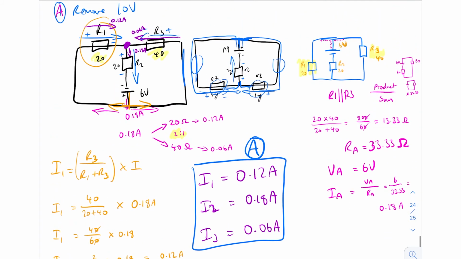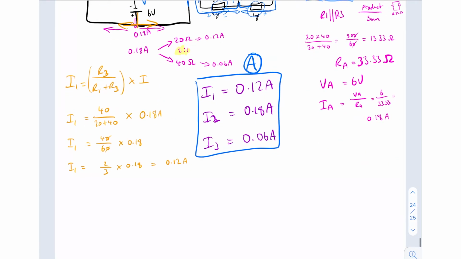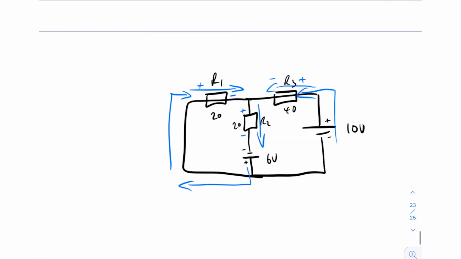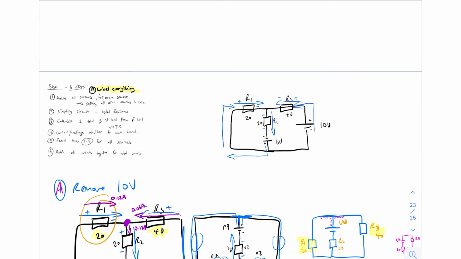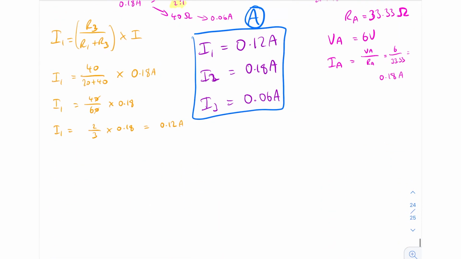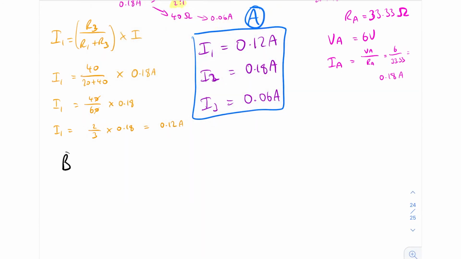So now we're going to do the exact same thing for circuit B, and then when we've got our I values for circuit B, we're going to add these two together, and that's going to give us the total current which actually exists in this main circuit here. Cool? Okay, so now let's do the exact same thing, but this time let's do B, and we're going to remove the 6-volt source.